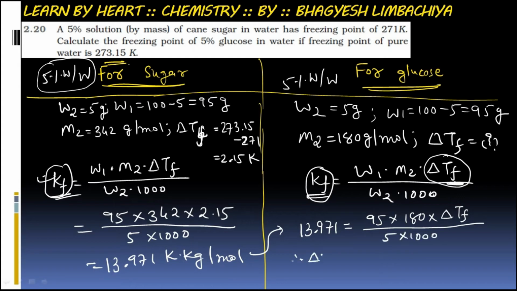So if we make delta TF the subject, then it is 4.085 Kelvin. So the calculation is so much easy.